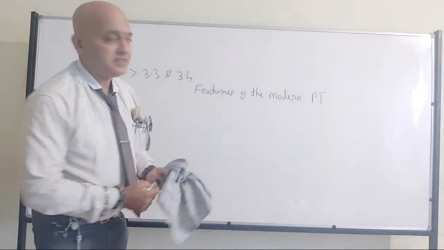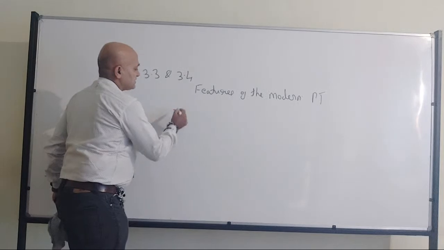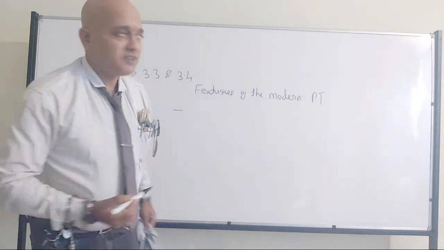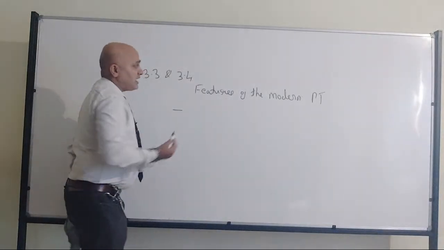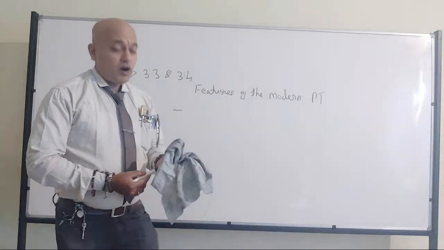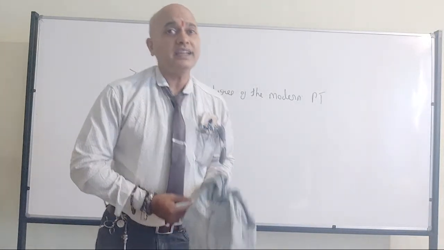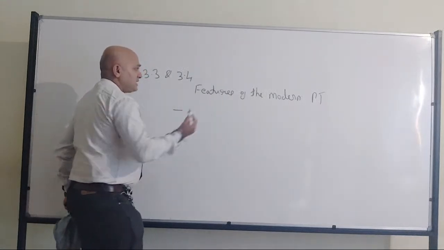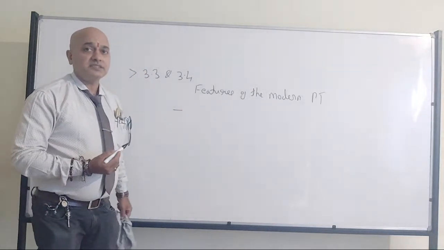Can anyone tell me, in one sentence, what those features are? That means we are answering how the elements are arranged, how it has been created, and on what basis it has been created.